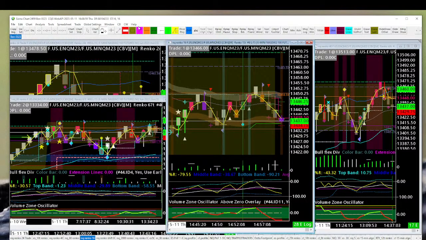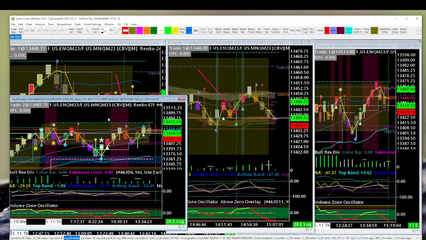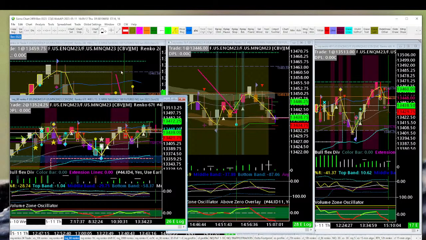Another important thing to remember with Renko is that everything's fractal. So if I look at this bar here on the higher time frame, that bar on the 67 tick takes 67 ticks of movement in the same direction to print a new Renko bar to either side. So from here to here is 67 ticks, and from here to here is 67 ticks.